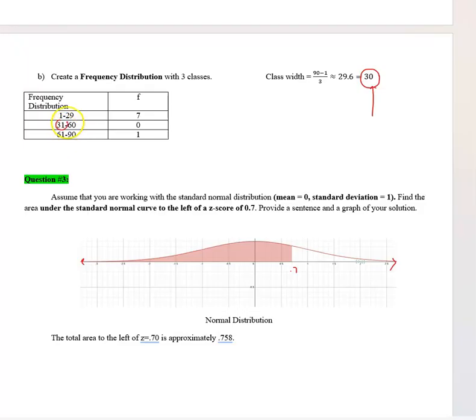This 31, I'm adding the class width, and that's how you obtain the 61. So once you close the classes, because this goes to 31 after you add the 30, then you count how many values you have from 1 to 29. In this case, I'm counting 7. 31 to 60, there's nothing there. And then 61 to 90, there's only a single value there. So this is your frequency distribution.